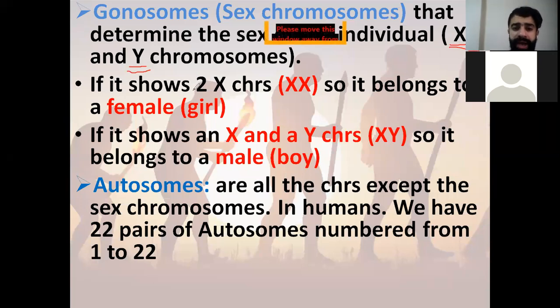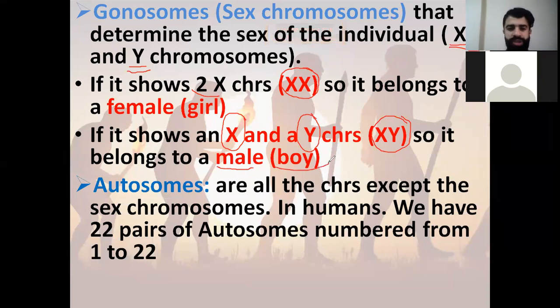If we have XX, this belongs to a female. While if the sex chromosomes are XY, it belongs to a male or a boy, which is the same.